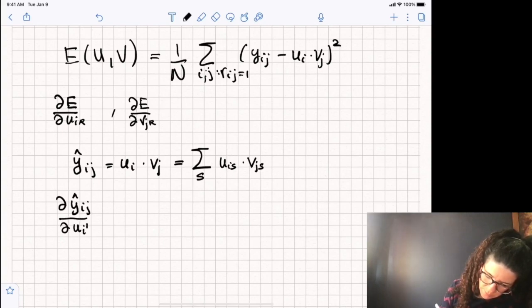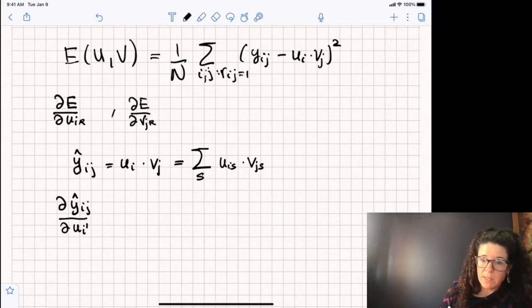ui prime, and this i prime is a different user than i. So there is a user i and then the user i prime, with dimension k, okay?